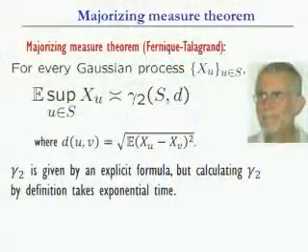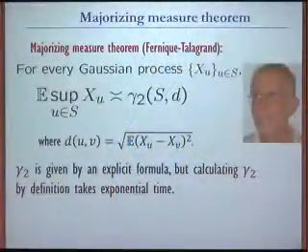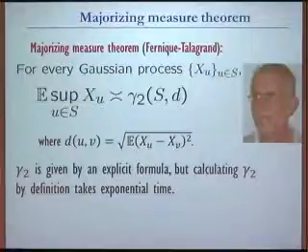I'll tell you a little about the history, but let me jump to the answer. The final answer was obtained in '87 by Talagrand, following earlier work of Fernique: the supremum can be estimated by a quantity that's a deterministic function of the metric space, given by a formula.